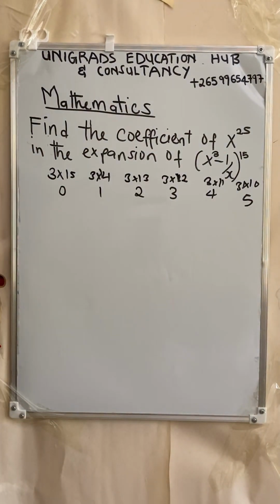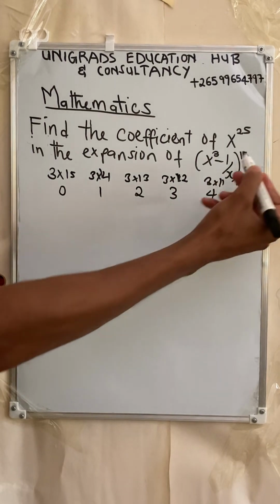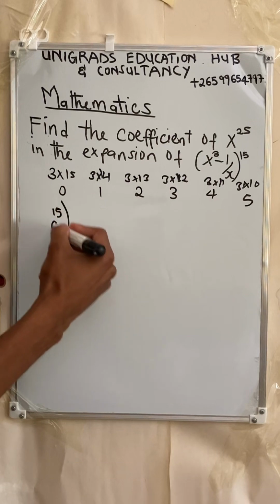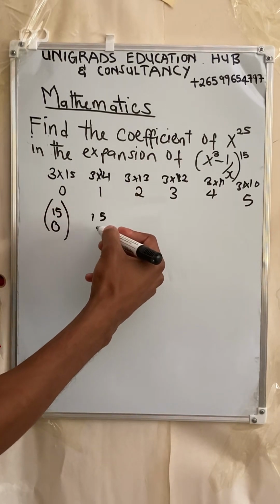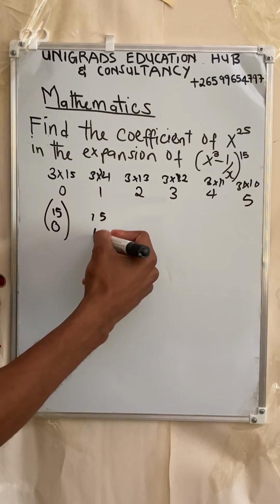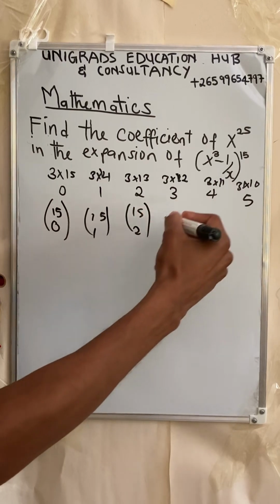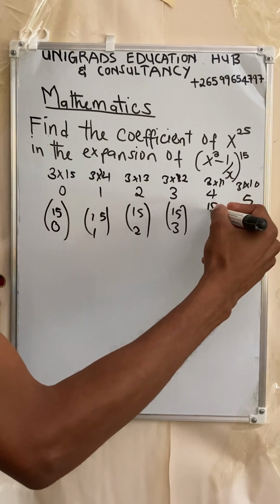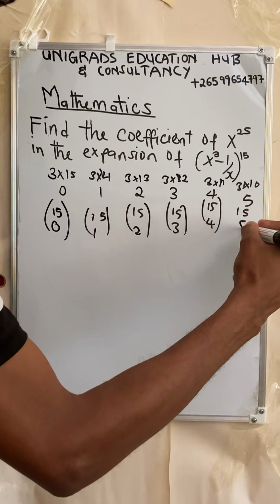Now, bringing in the binomial expansion, we expect to have 15 combining 0, then 15 combining 1, 15 combining 2, 15 combining 3, 15 combining 4, and 15 combining 5.